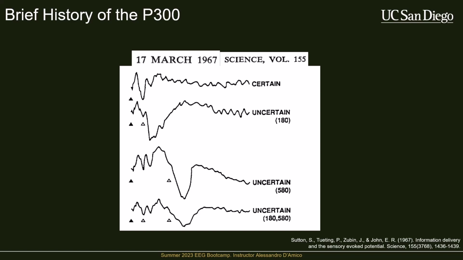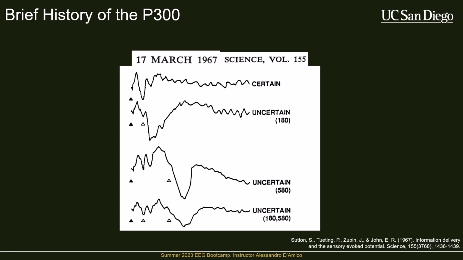first click. And what they found was that when you look at the ERP locked to the first click only, regardless of the second click playing or not, if you were in the task where there was a 100 millisecond delay, even if you didn't hear that second click, you would get a P300 approximately 300 milliseconds after when that second click should have played, regardless if the click played or not.